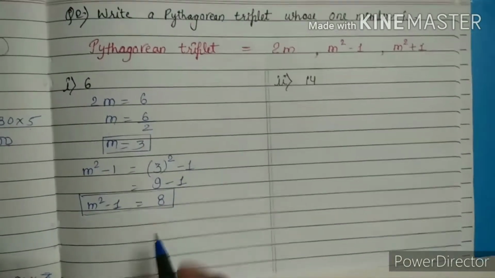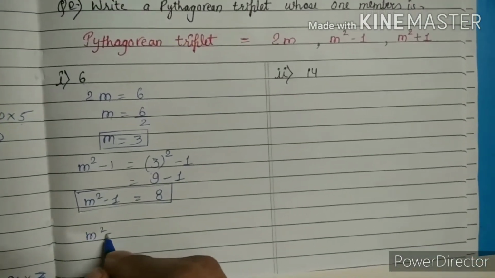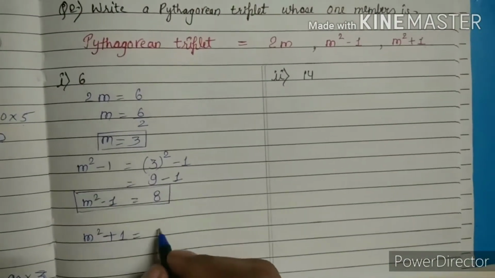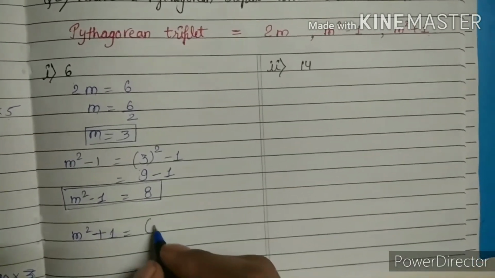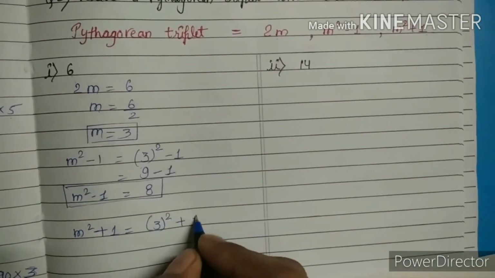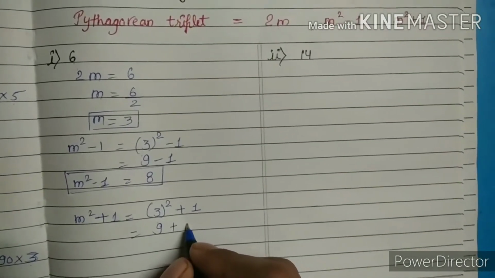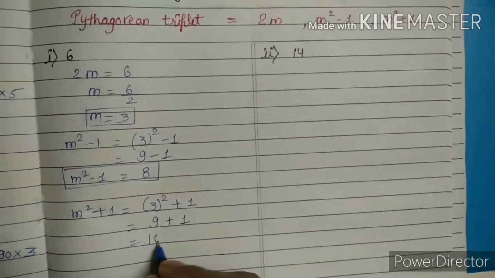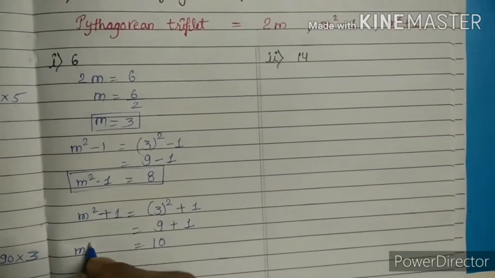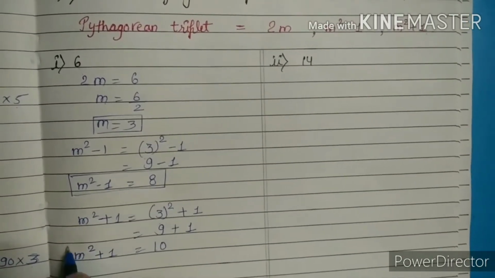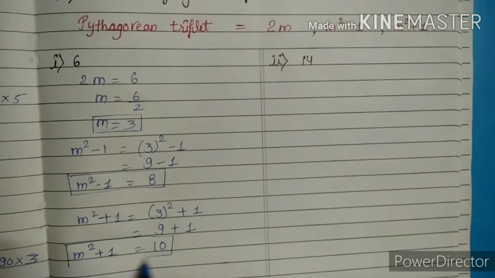Now the last is m square plus 1. The m value is already seen here, 3 square plus 1. Okay, 3 square is 9 and 9 plus 1 will give us 10. So m square plus 1 value is 10.